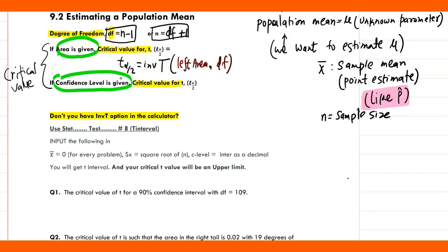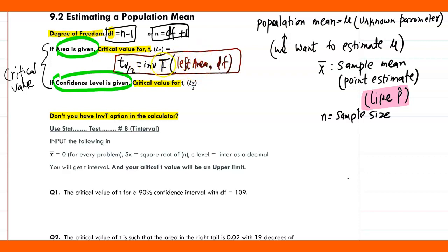I'm going to show you how we put that in the calculator. That's the formula to find the critical value if area is given. Listen, sometimes they give you the right area and you have to find the left area. If the left area is given, you're good.